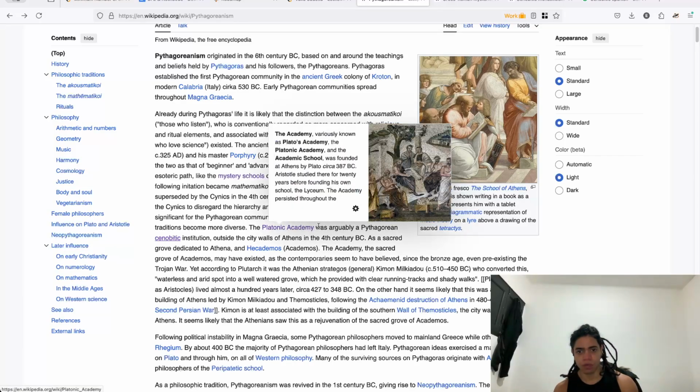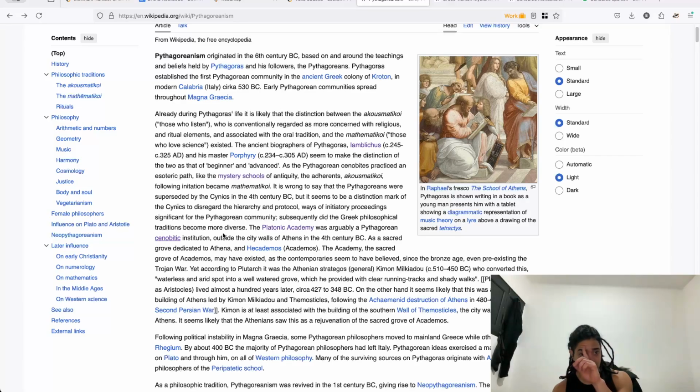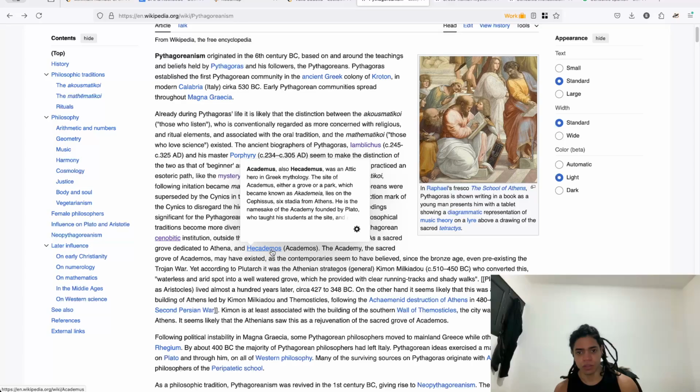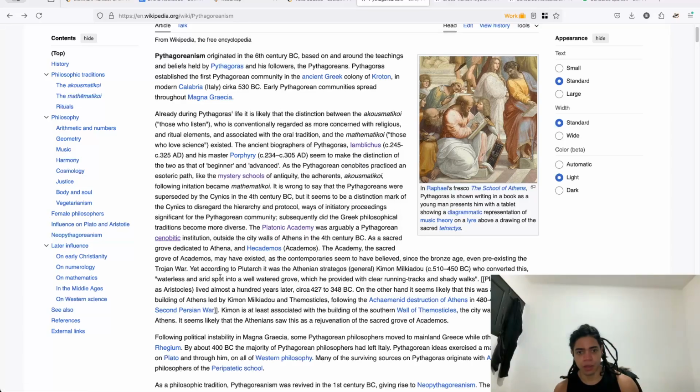The Platonic Academy was arguably a Pythagorean Cenobitic institution outside the city walls of Athens in the 4th century before Christ, as a sacred grove dedicated to the hero Academos. The academy, the sacred grove of Academos, may have existed, as the contemporaries seem to have believed, since the Bronze Age, even pre-existing the Trojan War.